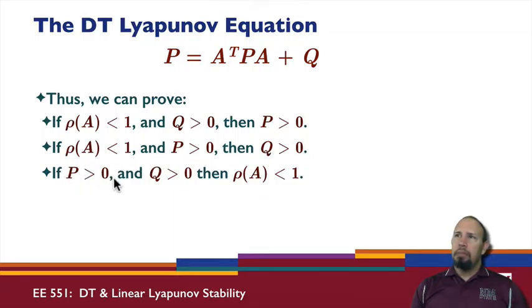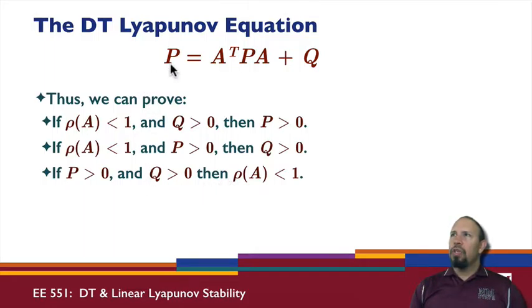Alternately, if both P is positive definite and Q is positive definite, then the spectral radius must be less than 1. So I have the three properties, and if I'm given any two, I can prove the third. Okay, so this is actually the Lyapunov stability issue, this one here. So that one's fairly straightforward to prove. And we go through and actually show in depth the proof of this one. We could alternately prove this one. Okay, but that's what we're looking at here.